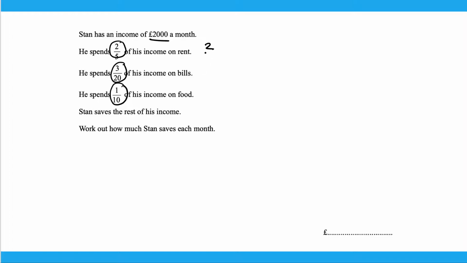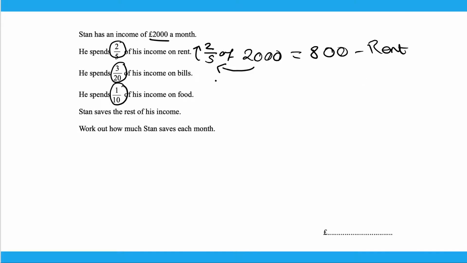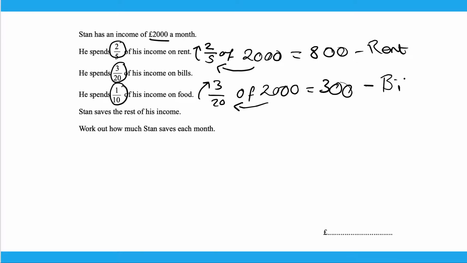So if we do 2/5 of 2,000, 2,000 divided by 5 is 400, multiplied by 2 is 800. So 800 on rent. Okay, 3/20 of 2,000. Well, 2,000 divided by 20 is 100. 100 multiplied by 3 is 300. So he spends 300 on bills.